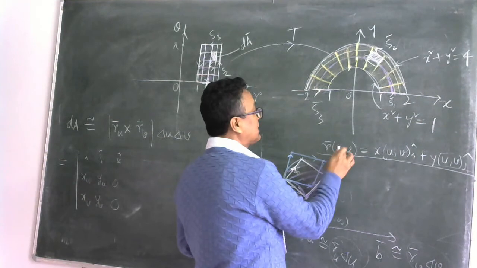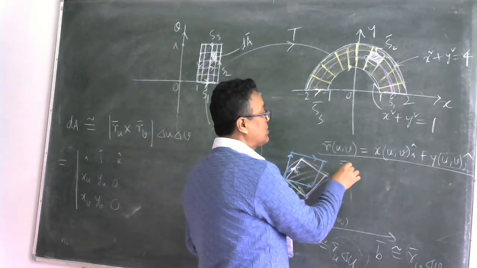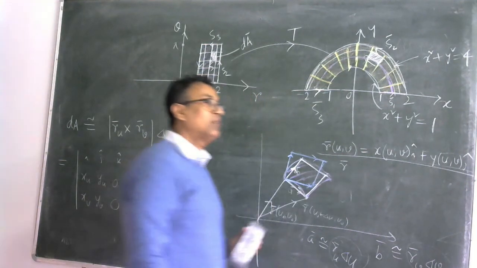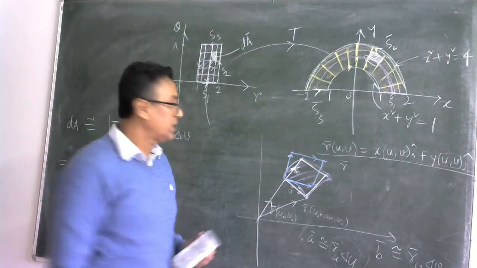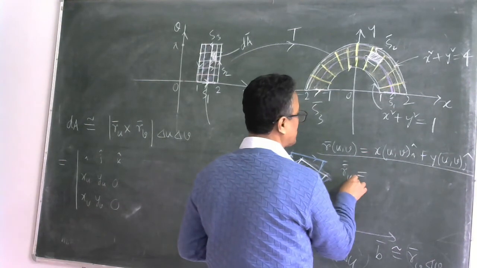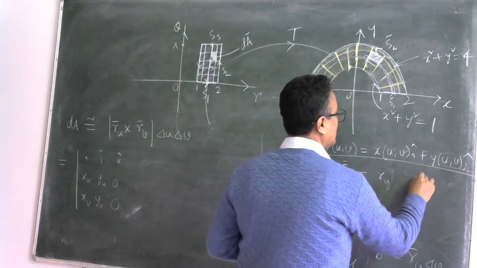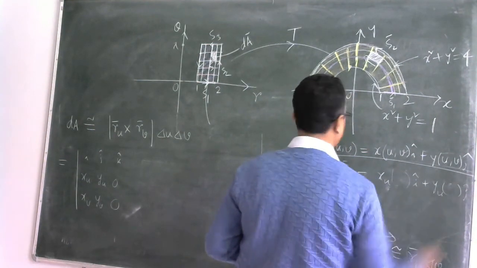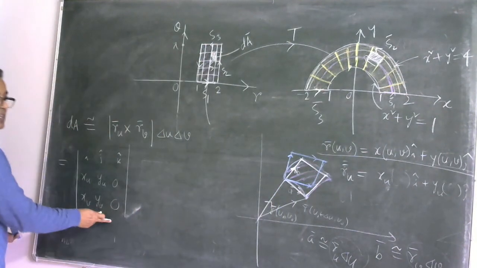If you recall, when I kept v constant, I found the partial derivative with respect to u, and when I keep u constant, I find the partial derivative with respect to v. Once you find the partial derivative with respect to u, this is simply going to be x_u at whatever point you take, and then y_u at whatever point you take. So that is why the components are these.